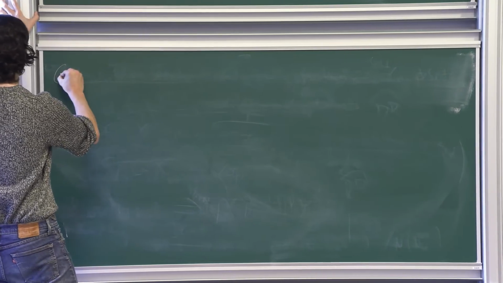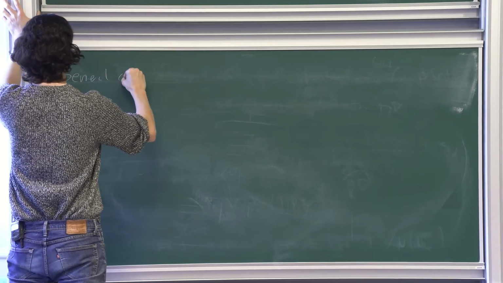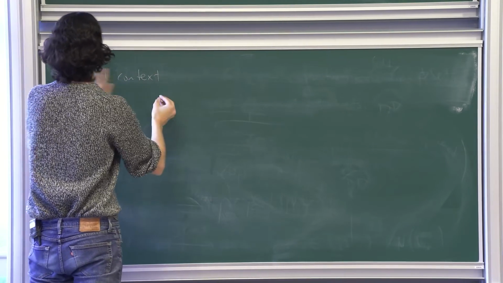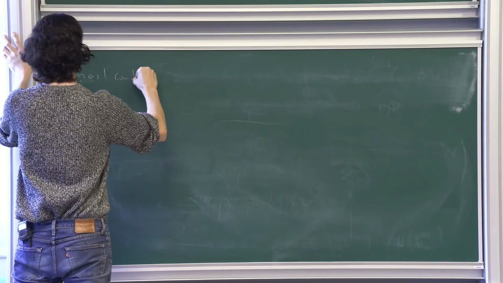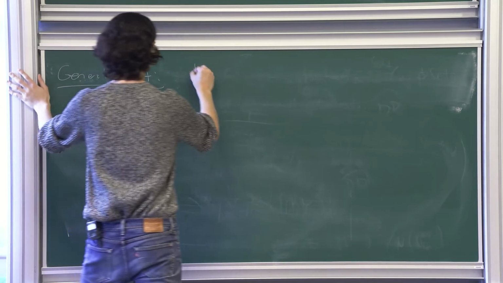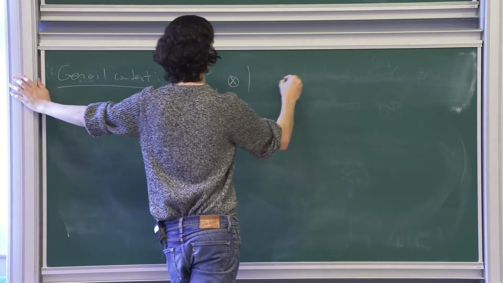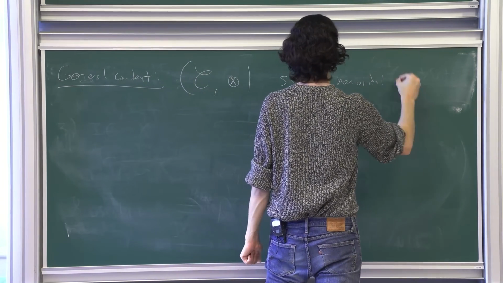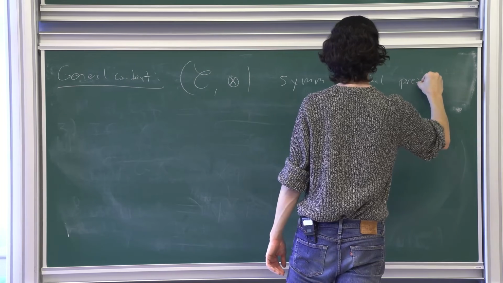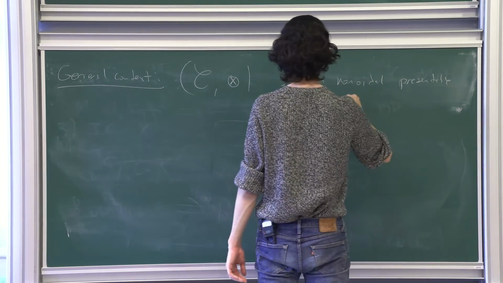So general context. Let's say C with tensor is a symmetric monoidal, let's say presentable, stable infinity category.